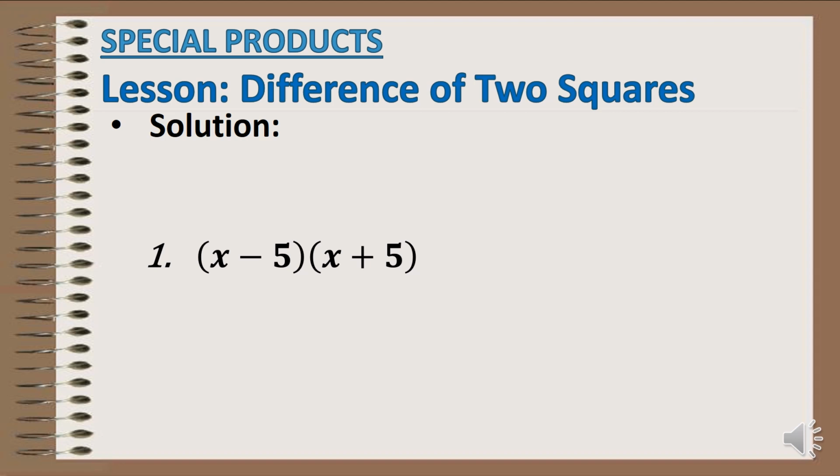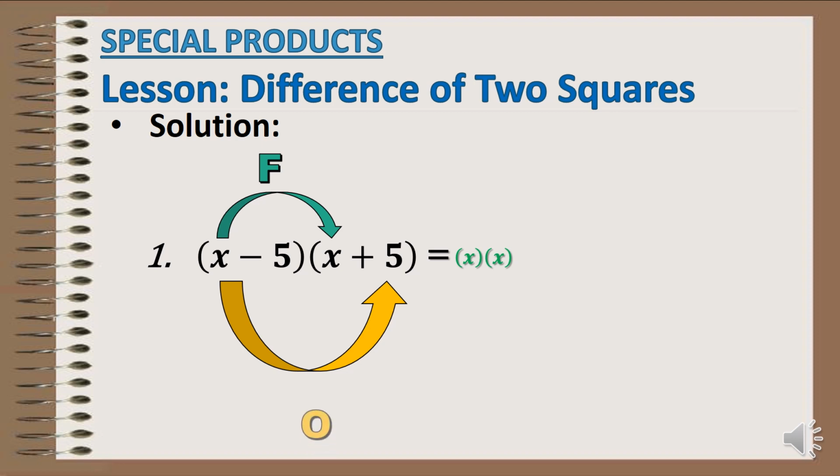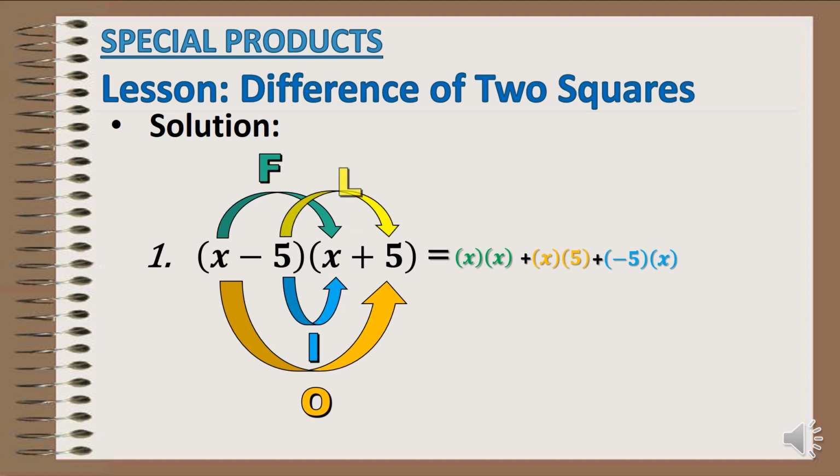The quantity of x minus 5 times the quantity of x plus 5. Applying now the FOIL method, let us first multiply our first terms, x times x. Next, our outer terms, x times positive 5. Then, our inner terms, negative 5 times x. And last, our last terms, negative 5 times positive 5.